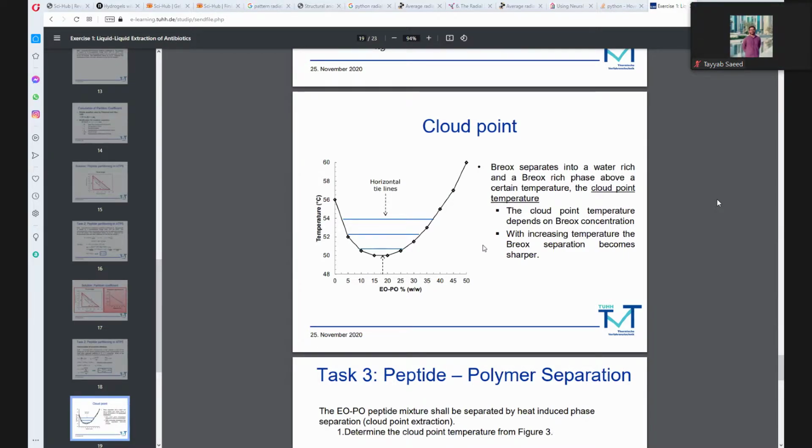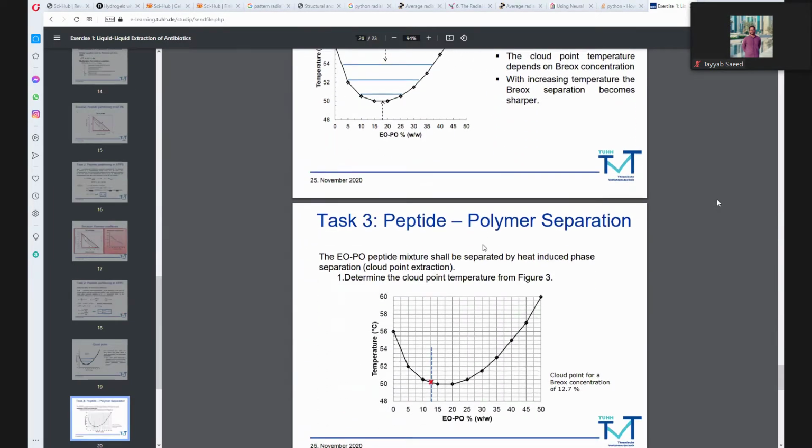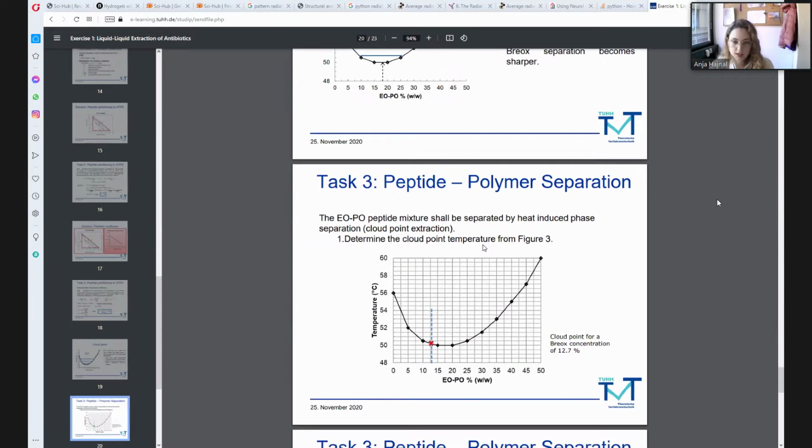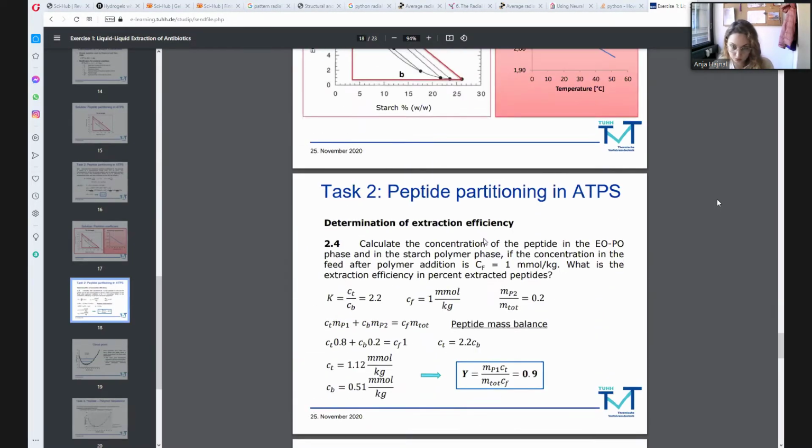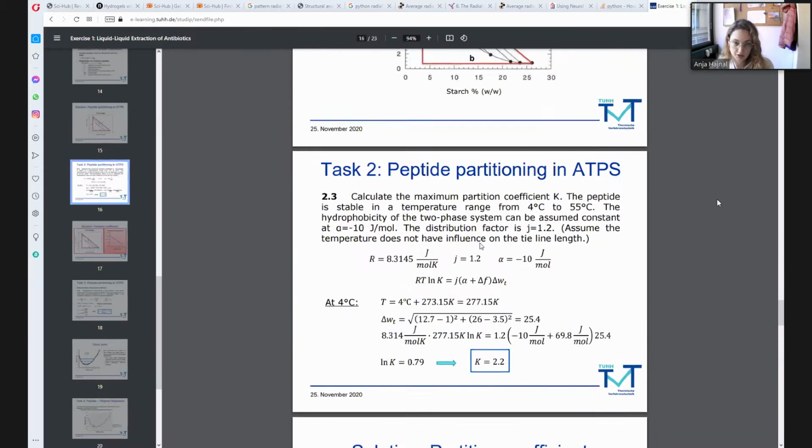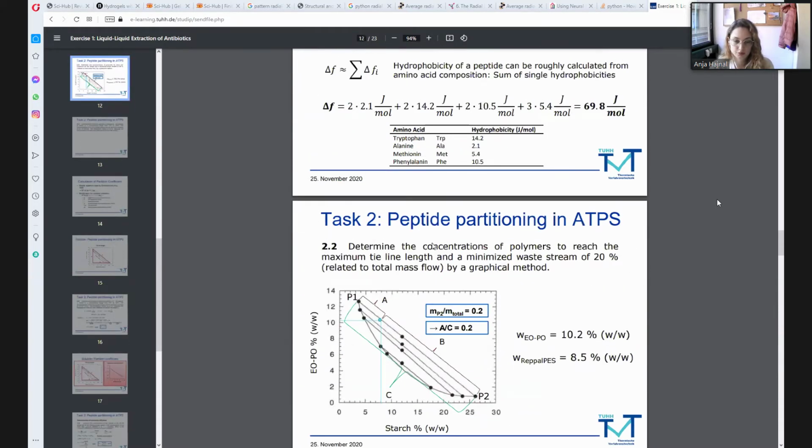Okay, good. So the first question is we need to determine the cloud point temperature from this figure. And as I reminded you, we know that the mass fraction of the EOPO in this phase is 12.7. We can read it from this diagram, here.